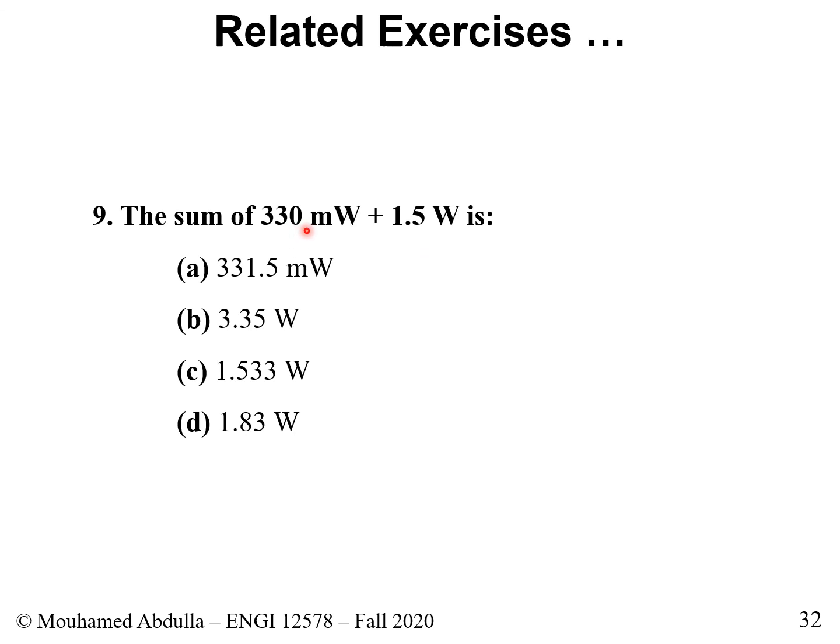To change it to watts, you could get rid of this times 10 to the minus 3 and write it as 330 times 10 to the minus 3. 330 is in fact 0.33 times 10 to the 3, and with times 10 to the minus 3, this can really be written as 0.33 watts. So if you have 0.33 watts plus 1.5, that becomes 1.83 watts. So it's not this one, it's not this one, it's not this one. The answer should be D.